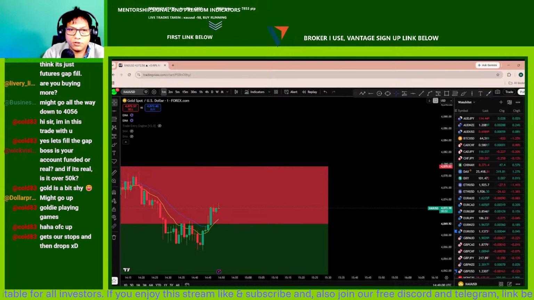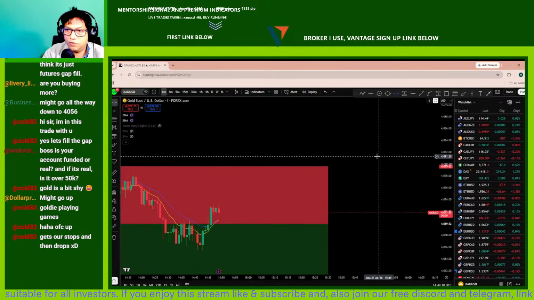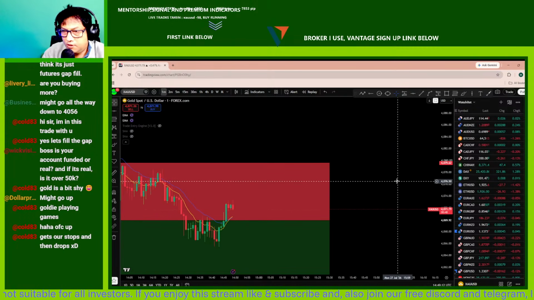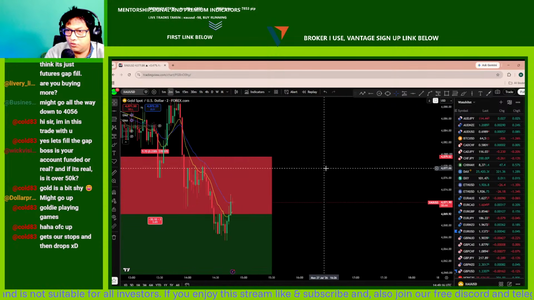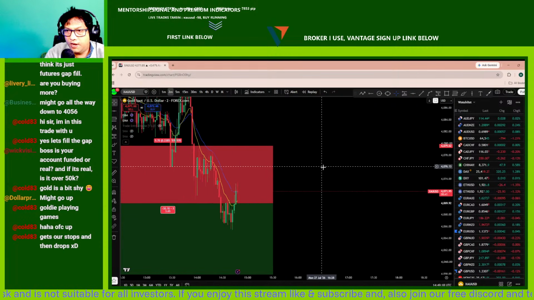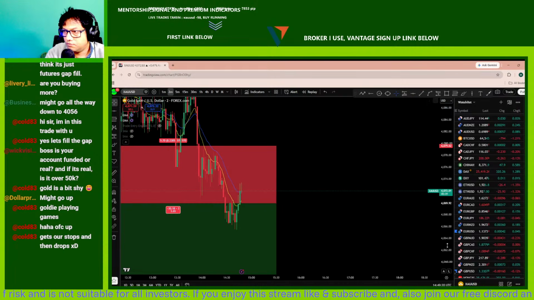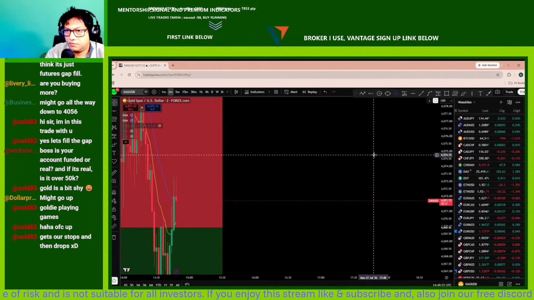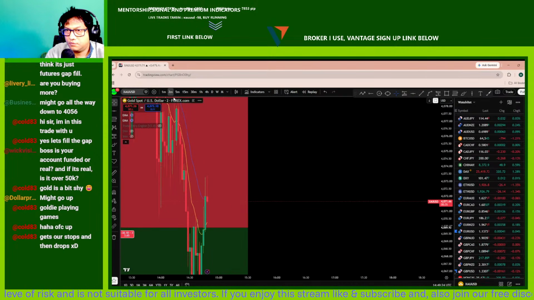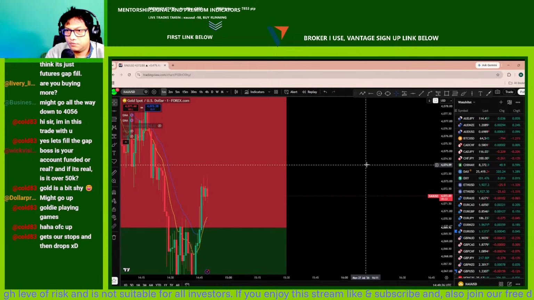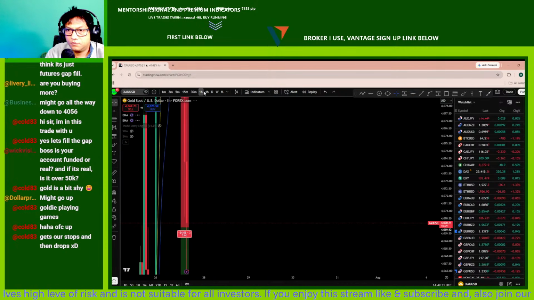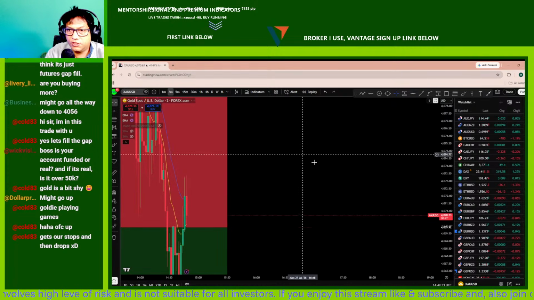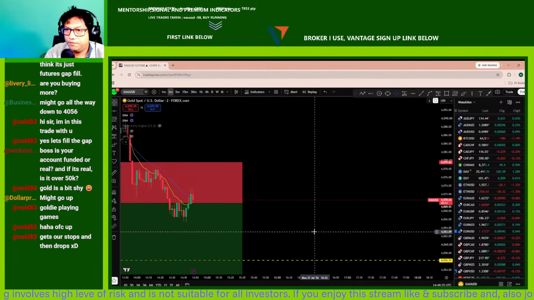Okay, so it's just creating an unusual move, but I think there is still a liquidity sweep along this area, and we're getting the rejection here of that level.